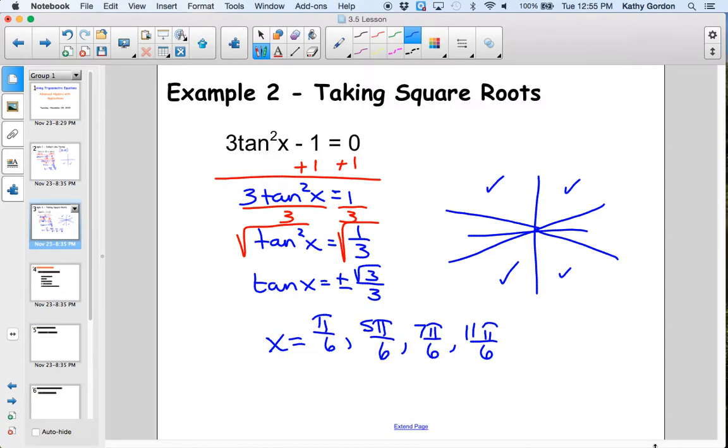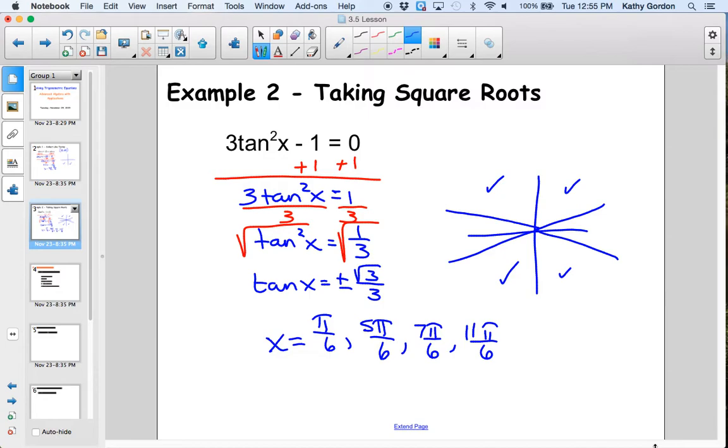So I'm going to end up with 4 different possibilities in this case, because when I took the square root, I could get positive or negative answers, which means all 4 quadrants were possible. Okay? And again, it didn't say it specifically, but we're assuming with all of these, unless you're told differently, that we're just looking for solutions from 0 to 2 pi. So 1 time around the circle.